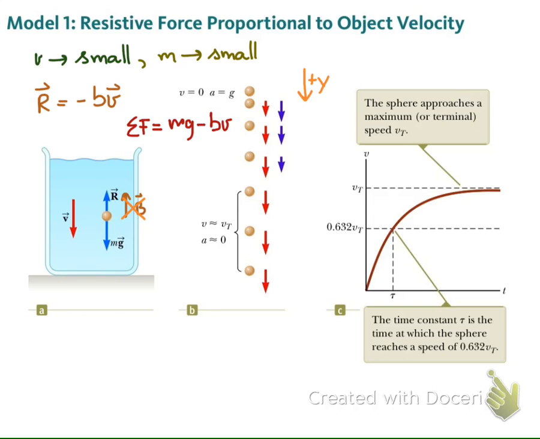You can see that we have the minus sign here because this term bv is opposite to the direction of the mg or the weight.